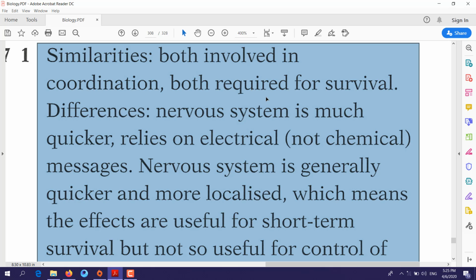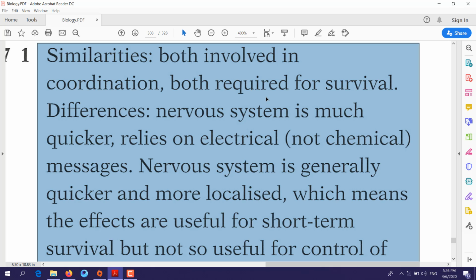How to explain this one? Both are involved in coordination. What does that mean? All the actions happening in our body happen under the control of the nervous system and also under the control of the endocrine system. For example, let's take an action in our body: movement, any kind of movement.